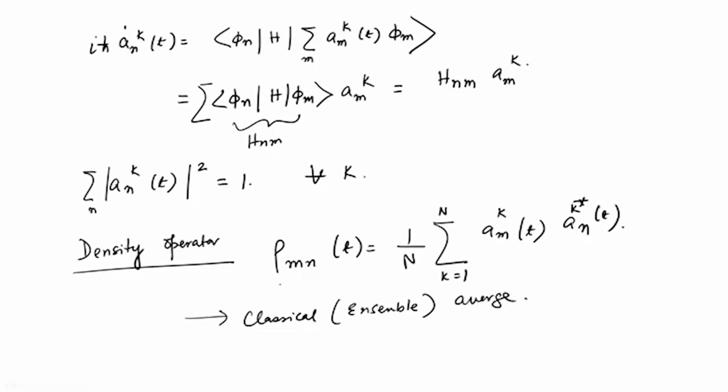Okay. So, rho mn is the ensemble average which you see here, that there is a sum over k from 1 to N, and then you are dividing it by N, which is definitely nothing but an average. But then you also see that a nk of t, these you see as a quantum mechanical average. Okay. So, for example, this is a quantum mechanical average.